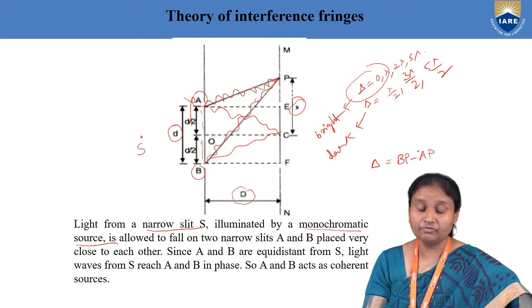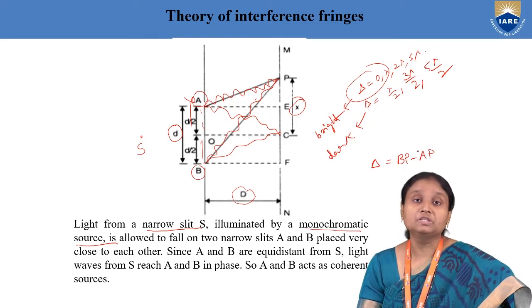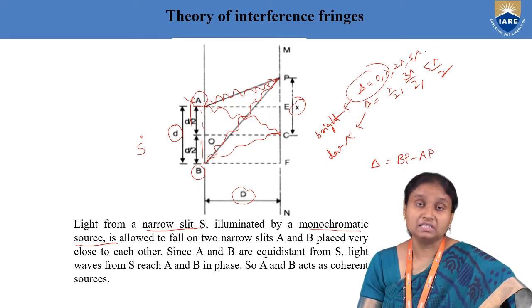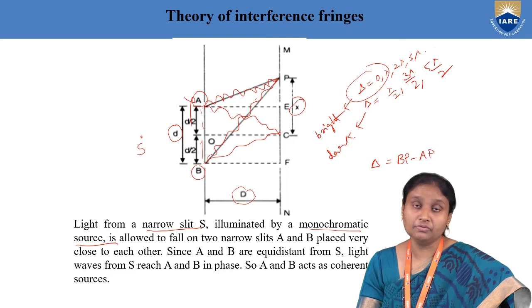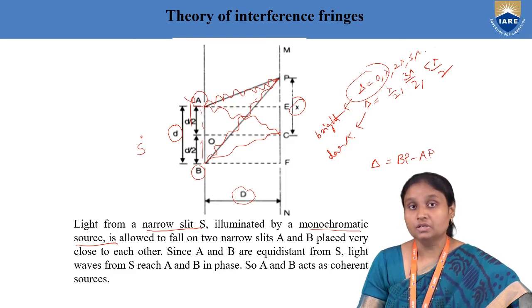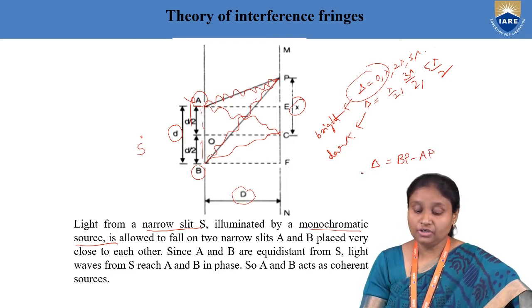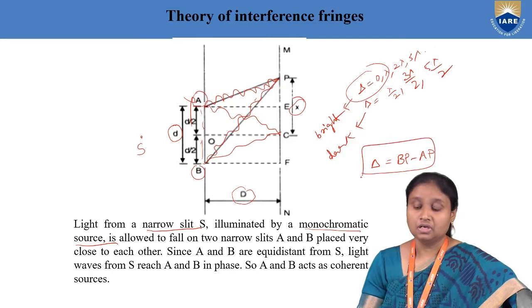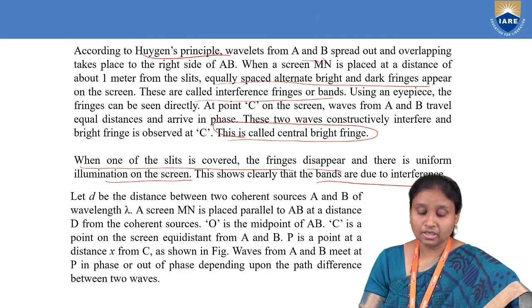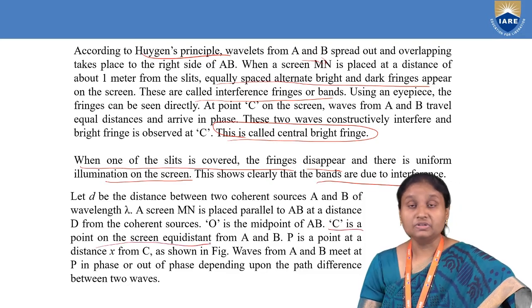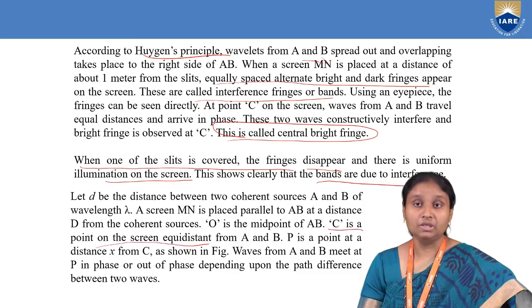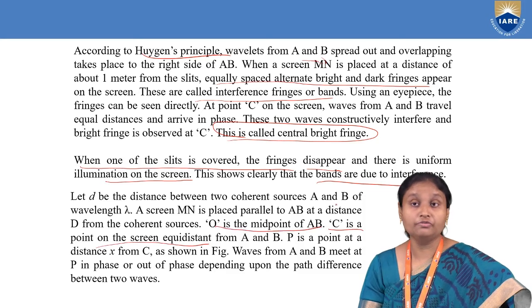And we know that the wave which is coming from the source B has traveled an extra path compared to the wave which has come from source A. So we need to find this path difference. Next, as we know that C is a point on the screen which is equidistant from A and B, and O is the midpoint of AB, which are our two coherent sources.